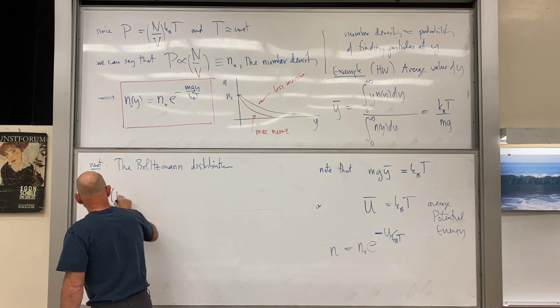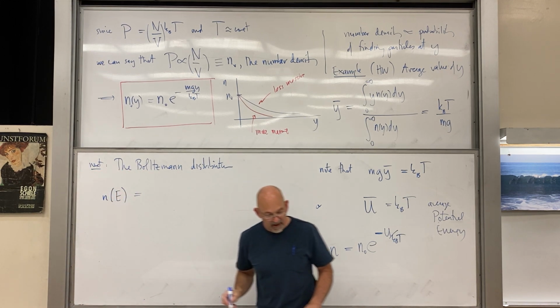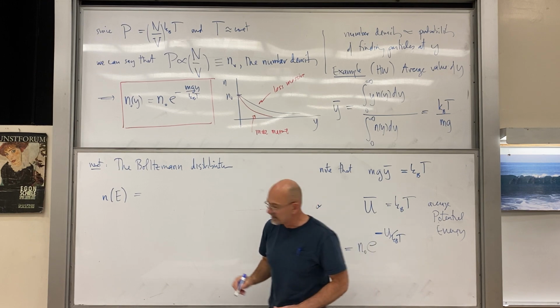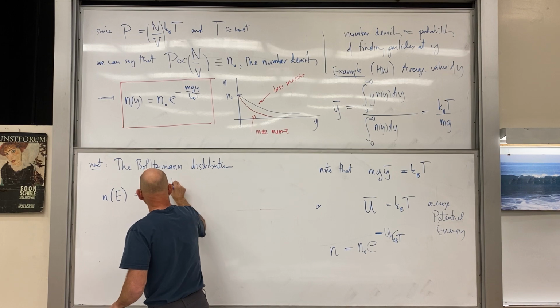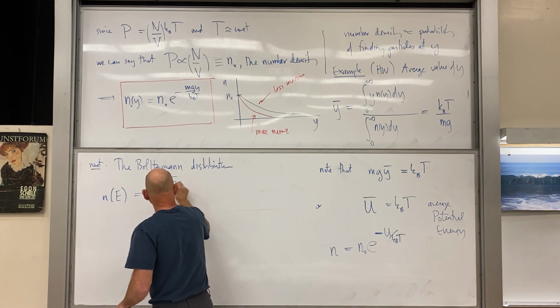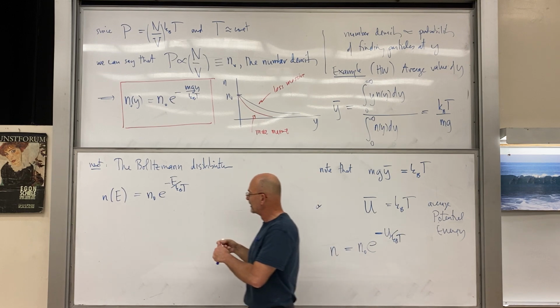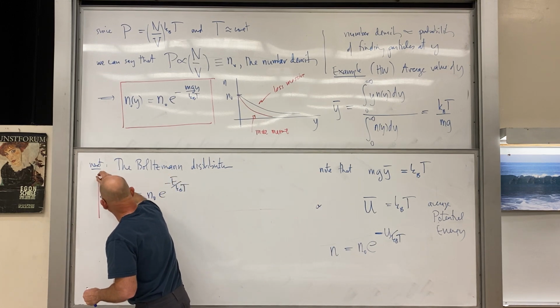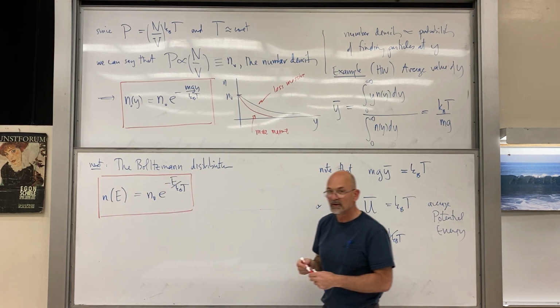N of E, very generally, I'm writing N0 or just a proportionality constant. I'm using N0, but just a proportionality constant. Exponential minus E over k Boltzmann temperature. Okay. This is the really fundamental statistical distribution.